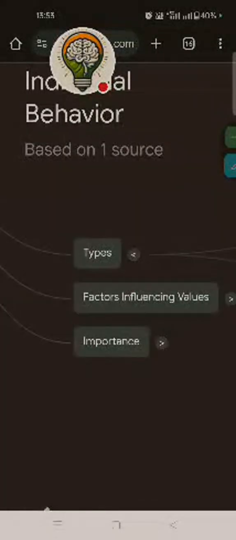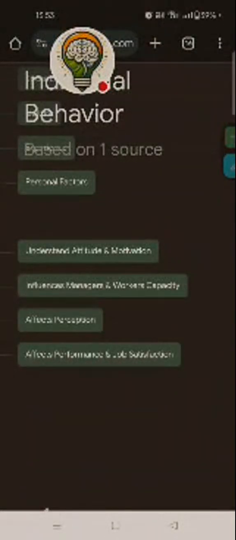Then comes the factors influencing value: family, social life, culture, experience, and personal factors. Then comes the importance of value: understanding attitude and motivation, influencing manager and worker capacity, affecting perception, performance, and job satisfaction.